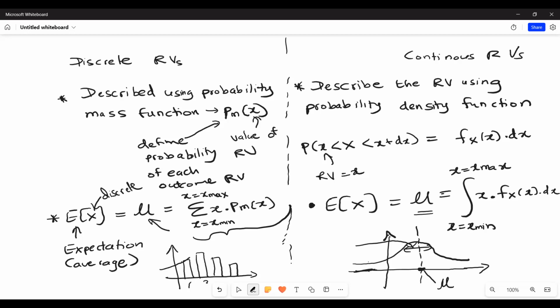We can define a curve for the probability mass function, and then we need to define a certain value for mu. The mu value can occur somewhere on the real axis of the variable. So basically, the mean value will be defined using these equations. You can find the mean values using these equations and define the mean value for those functions.